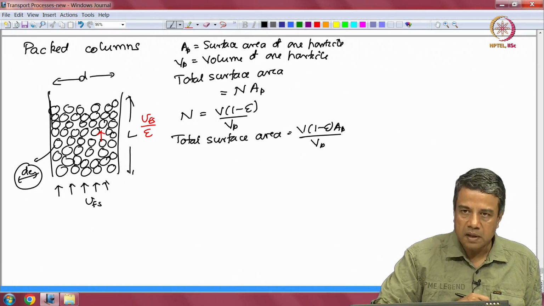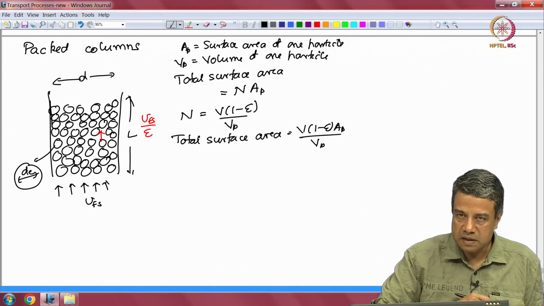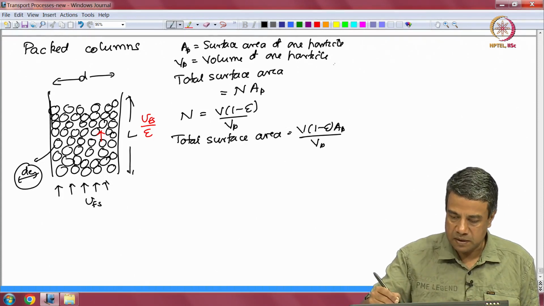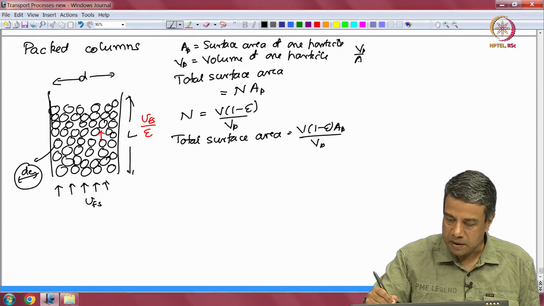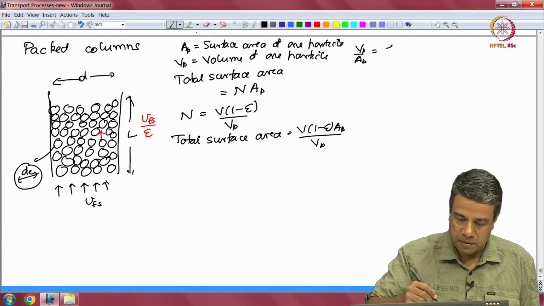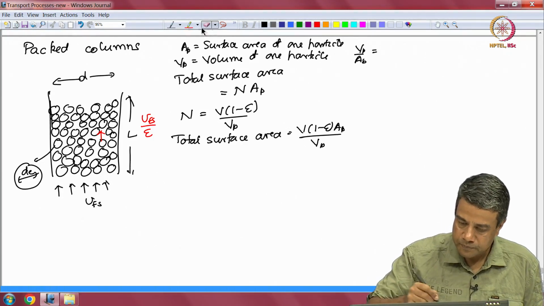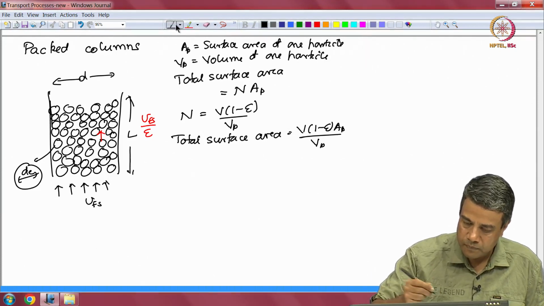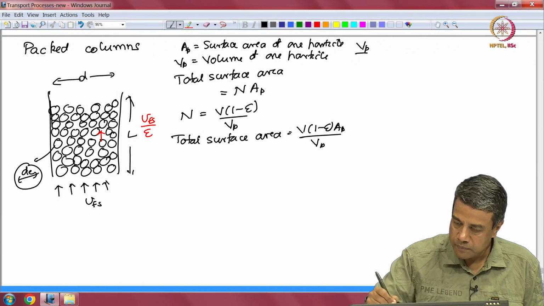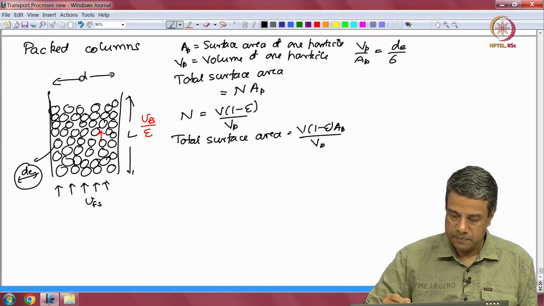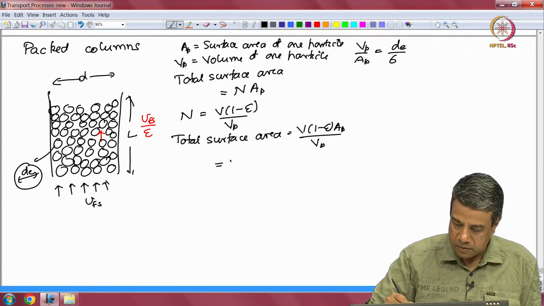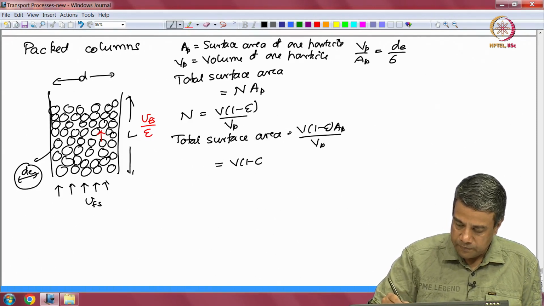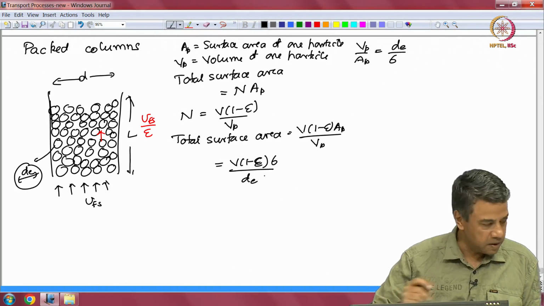And Ap by Vp is 6 divided by the equivalent diameter, because we know that Vp by Ap is equal to equivalent diameter by 6. So, this will be equal to V into 1 minus epsilon into 6 by the equivalent diameter.